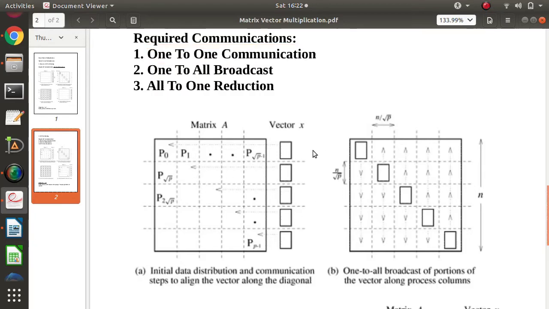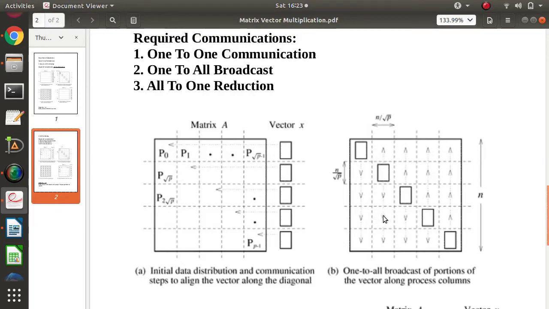After that, for finding the result, every process requires all values of this vector. So we need to transfer all these values to all the other processes. This process requires this second vector value because it will multiply this value with this value.